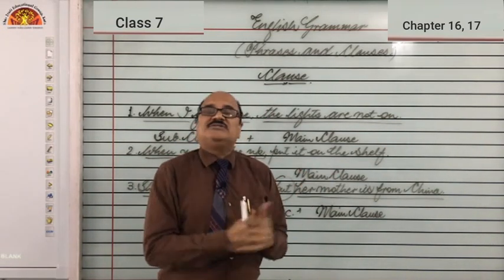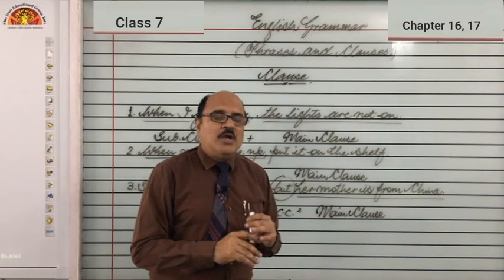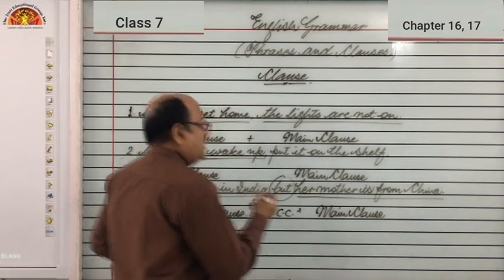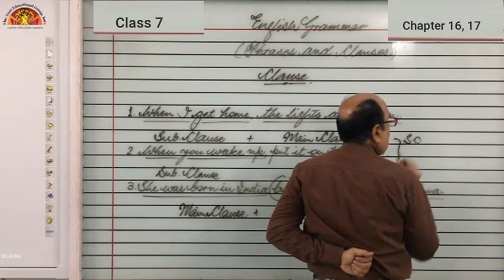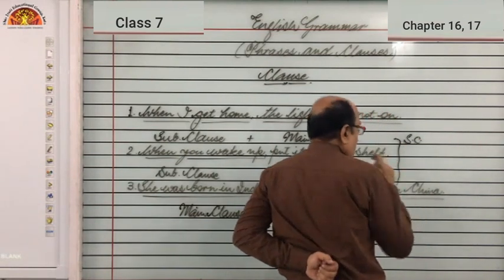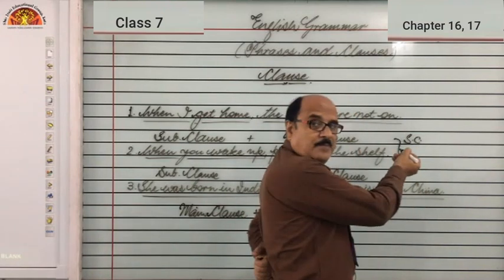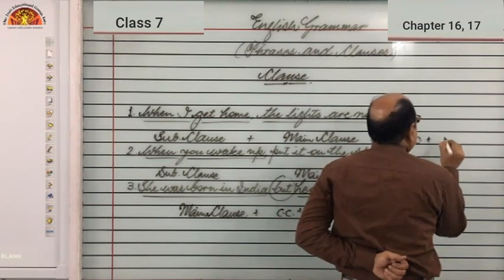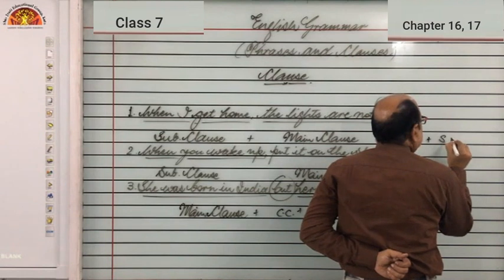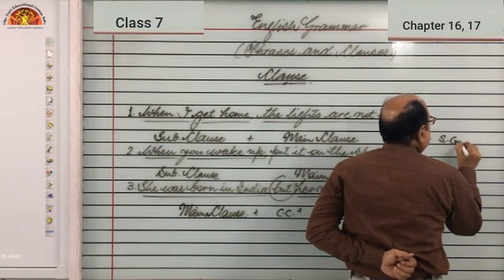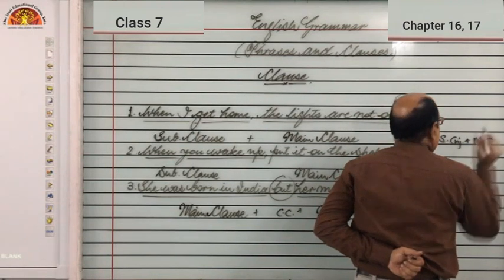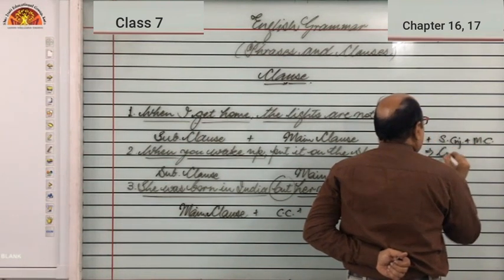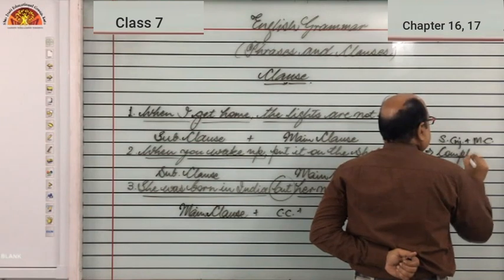So as a formula, what we can say, subordinate clause or dependent clause plus subordinating conjunction plus main clause is equal to complex sentence.